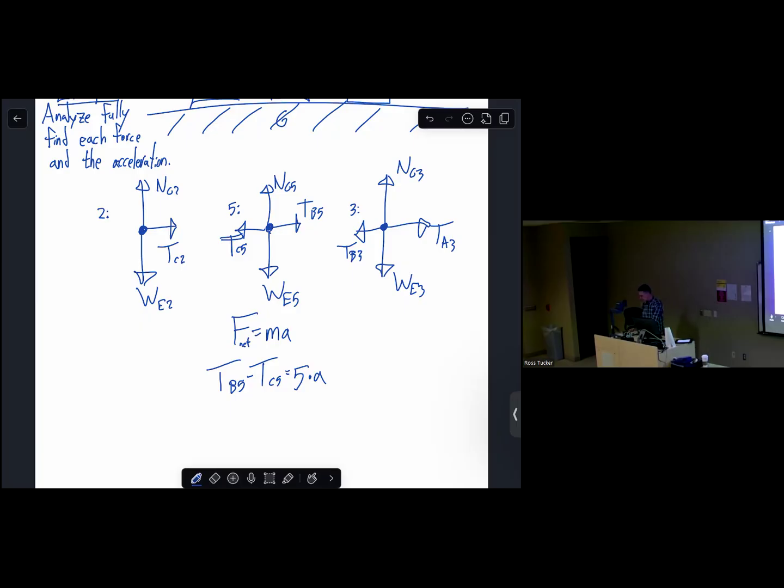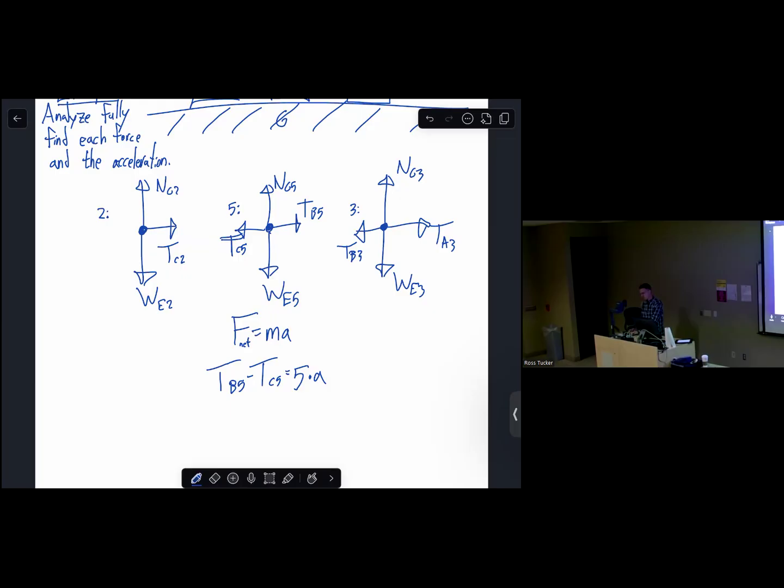Are we analyzing box 5? Which box are we analyzing? 2. What's the mass of box 2?